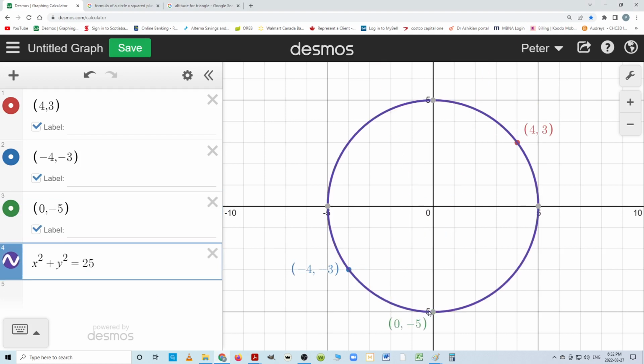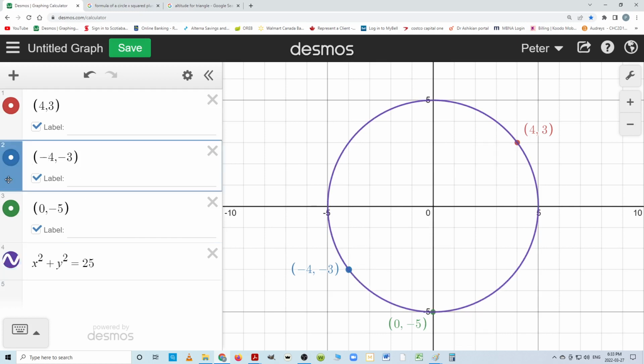Sure enough, look at that. They all hit that point. There's a whole bunch of points you can come up with too. Any variation of this will be on there. And the swap will be on there too. 3, 4. Anything that's squared and adds up to 25.